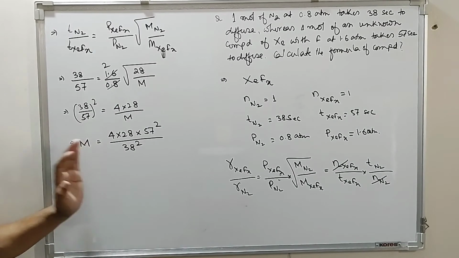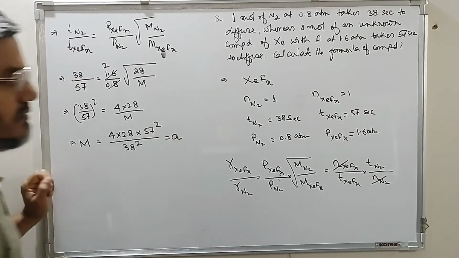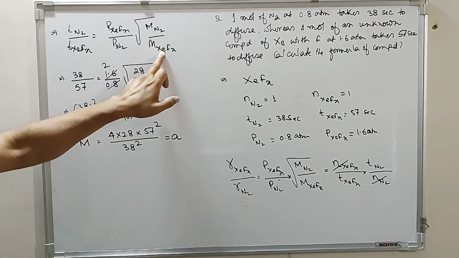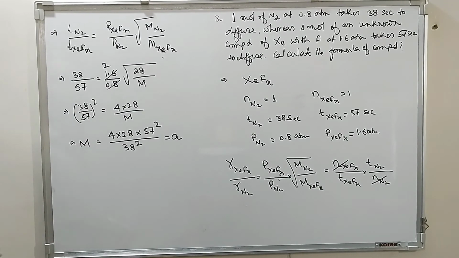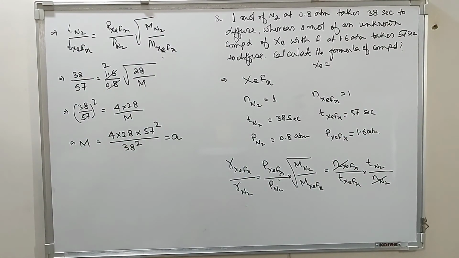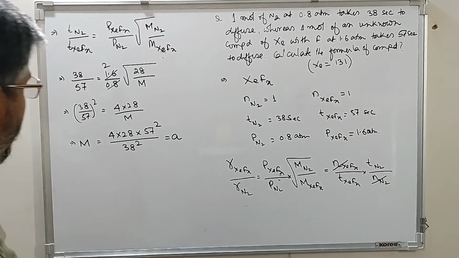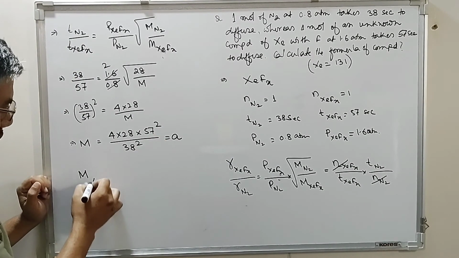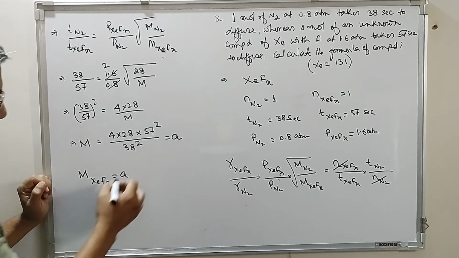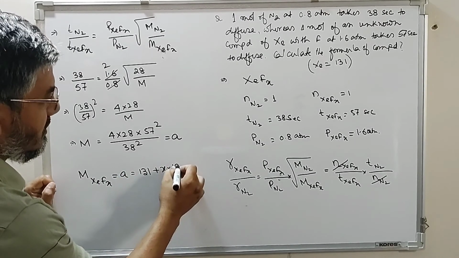Now look at this. Suppose this has some finite value, let this value be A. So this is the molecular mass of the compound XeFx. Suppose the atomic mass of xenon is 131. Therefore, the molecular mass of XeFx equals A, but this must equal 131 plus x times the mass of fluorine, which is 19.